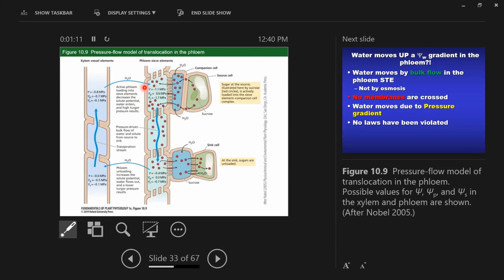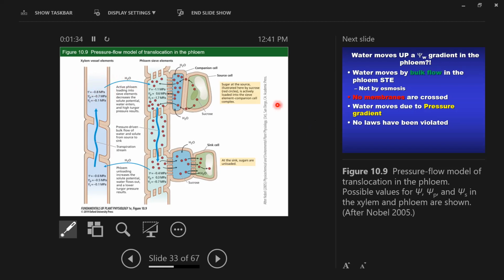And it's going to be more negative than some surrounding cells. And here they've drawn it that it's more negative than the xylem water, the vessels or tracheids. And so they're showing how water is moving from a less negative water potential in the xylem to a more negative water potential in the source sieve tube element.